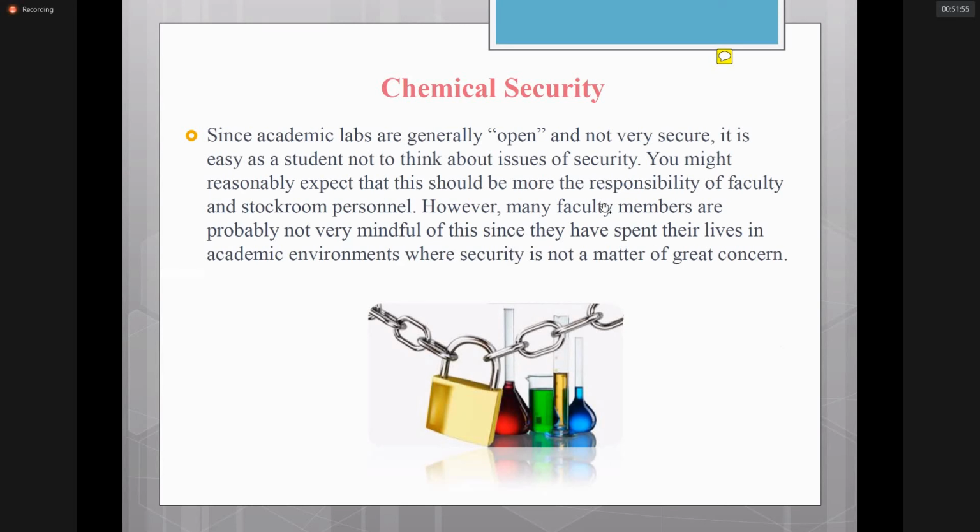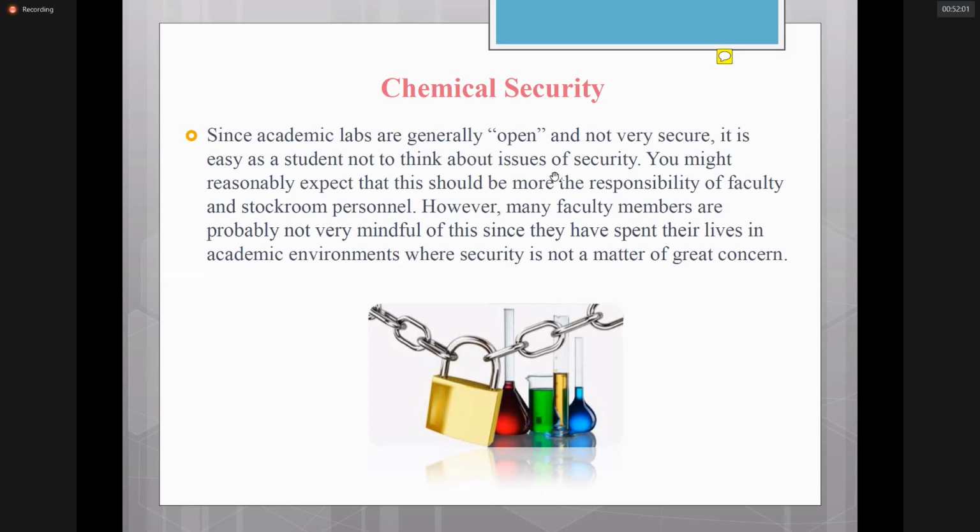So since academic labs are generally open and not very secure, it is easy for a student to not think about the issue of security. You might reasonably expect that this should be more the responsibility of faculty and stockroom personnel.